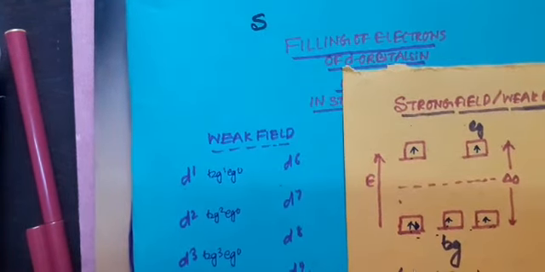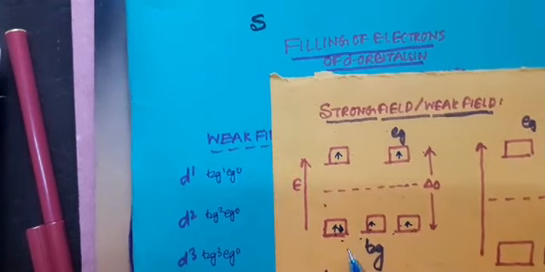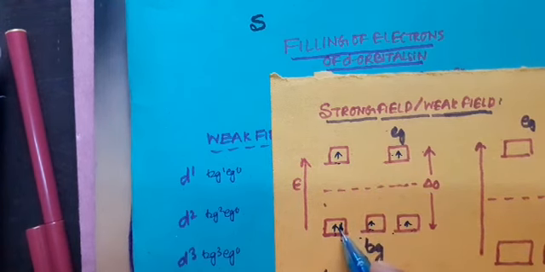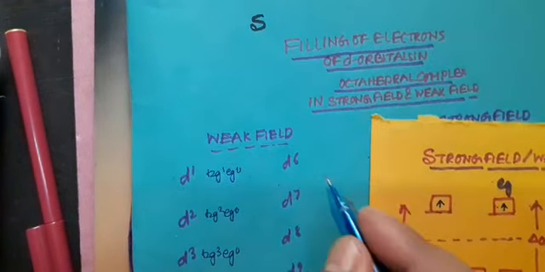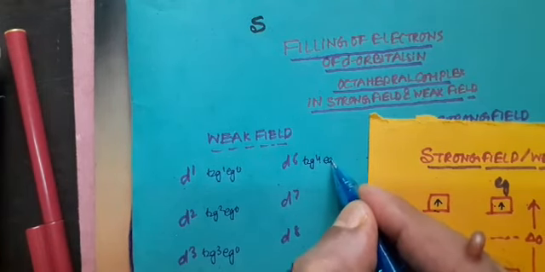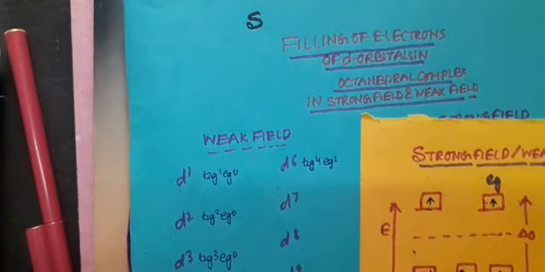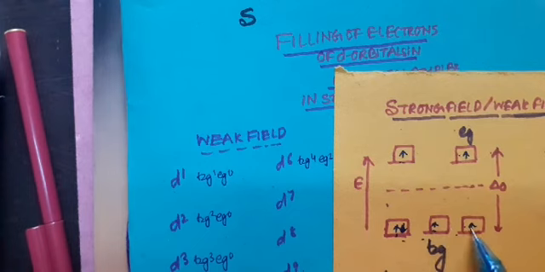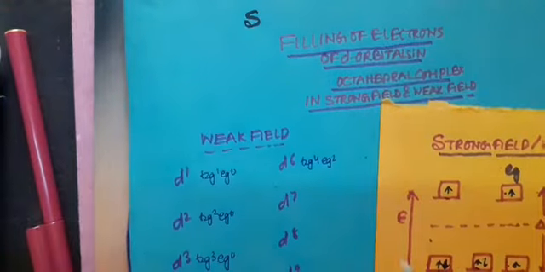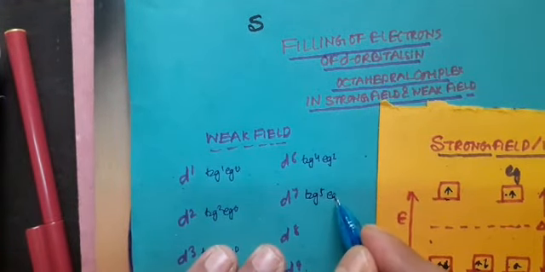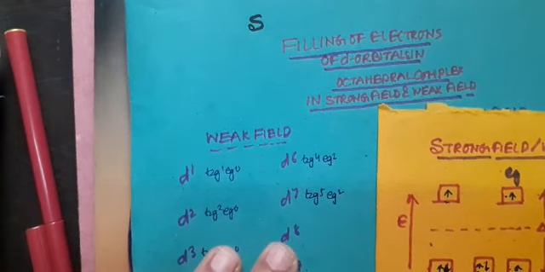Now, if there are 6 electrons, 1, 2, 3, 4, 5 and then 6 means it will be T2G4 EG2. In case of D7, 1, 2, 3, 4, 5, 6, 7, it will be T2G5 EG2.